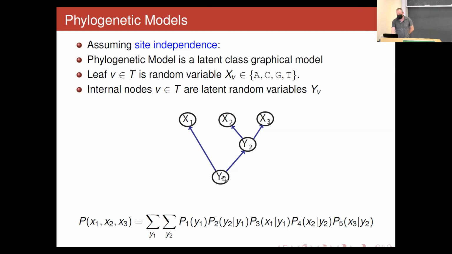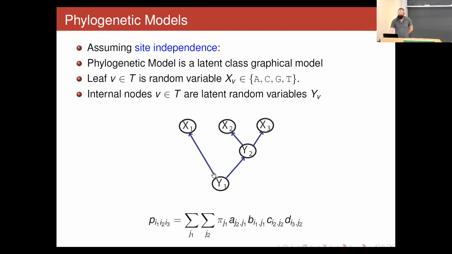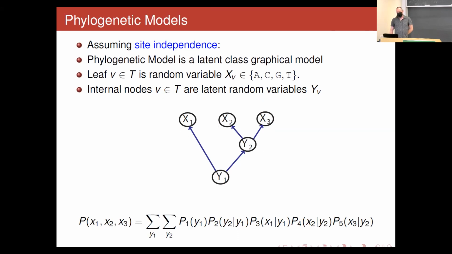So there's some probability distribution for going from Y1 to Y2 along this edge. And then there's some other probability distribution for going from Y1 to X1 along this edge, and so on. And everything on edges is just happening independently of each other. So the probability that I would observe Y1, Y2, X1, X2, X3 at those nodes in the tree would just be this product of probabilities here.